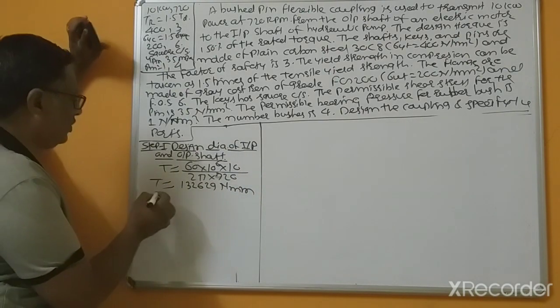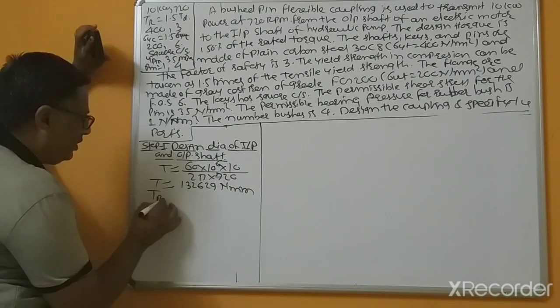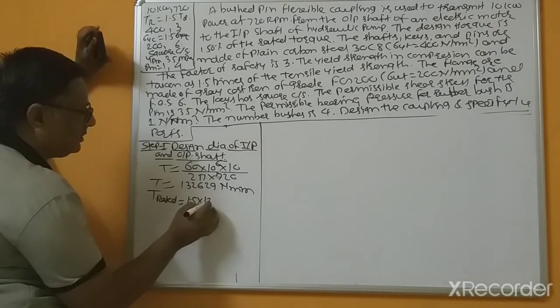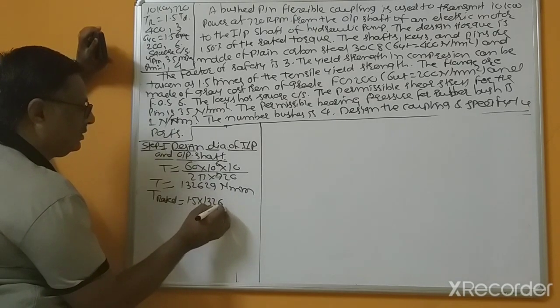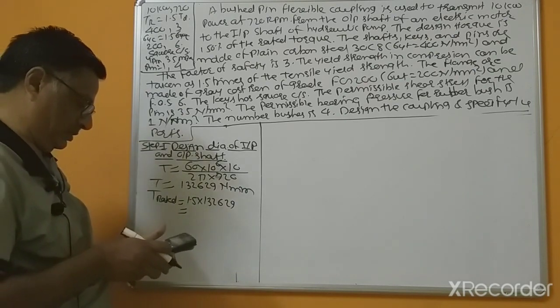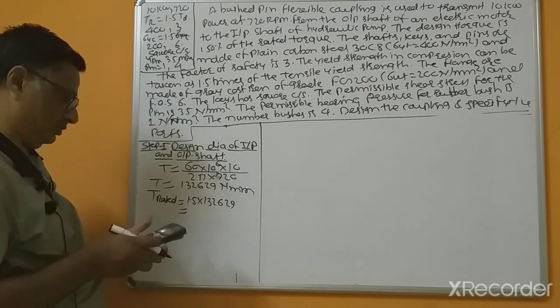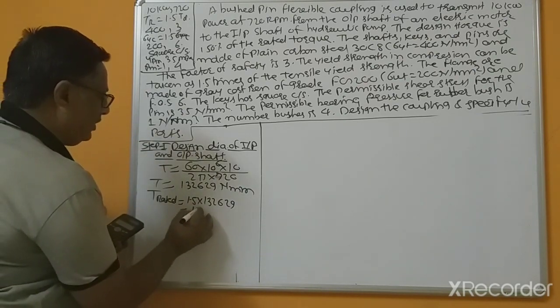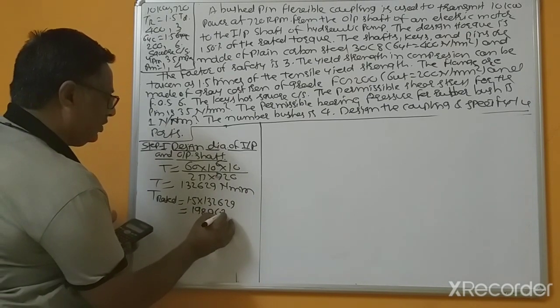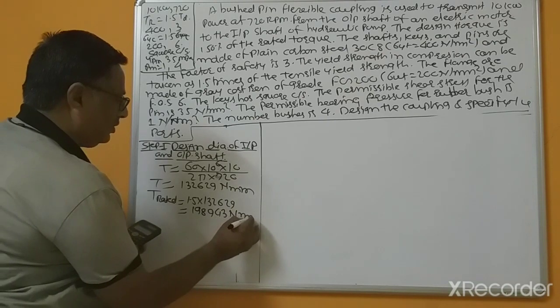And this is the design torque. The rated torque equal to 1.5 times 132,629, which is 198,943 Newton mm.